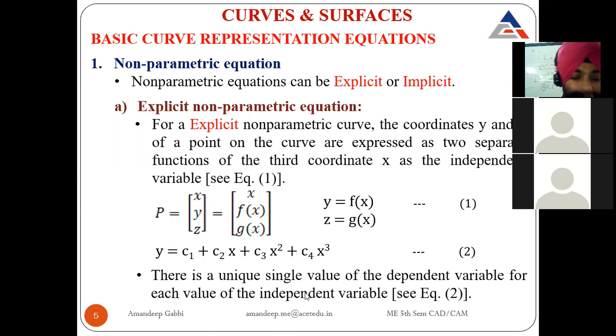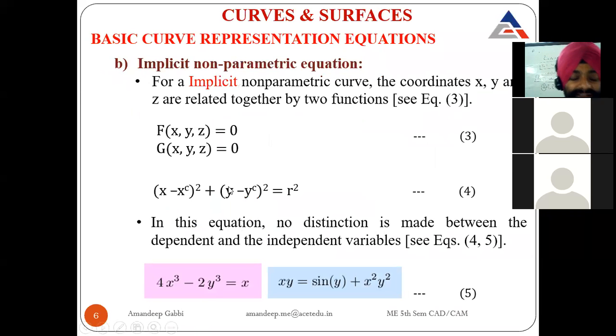There is a unique single value of the dependent variables for each value of the independent variable. Now, explicit, I think, is clear to you: when two of the coordinates of a particular point on a curve are dependent on the third coordinate x, then we call it an explicit non-parametric curve or equation.